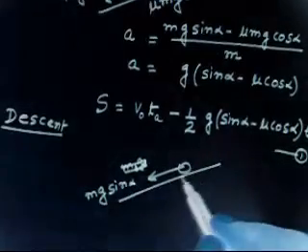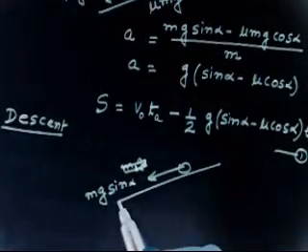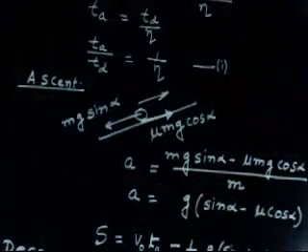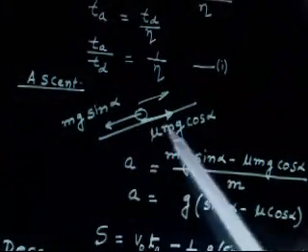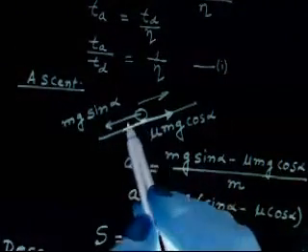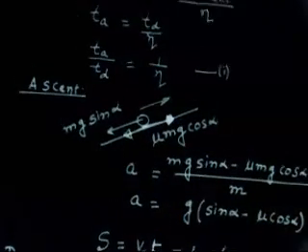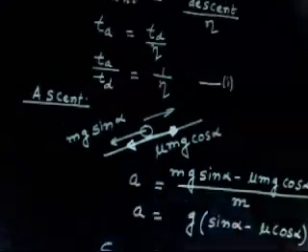Friction force again is coming downward? In the previous case, the friction force was downward because this object was going up. If this object is going up, the friction force has the tendency to decrease the motion, so friction force will be in the downward direction.